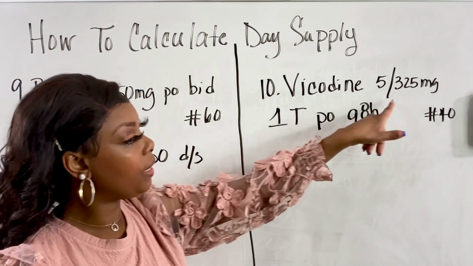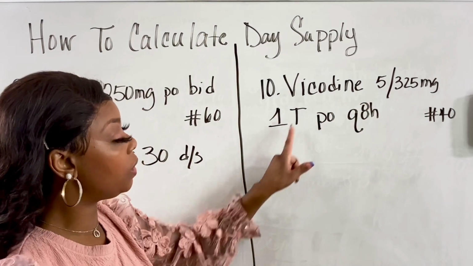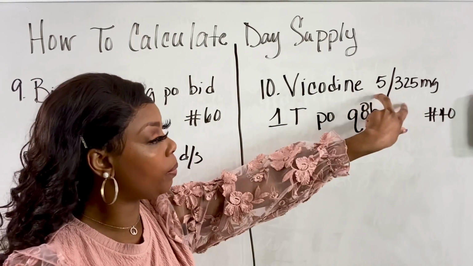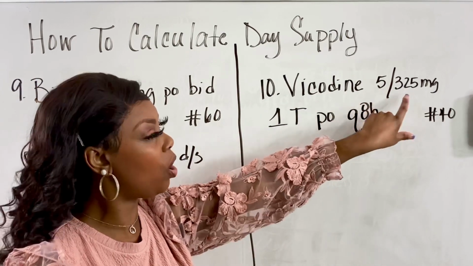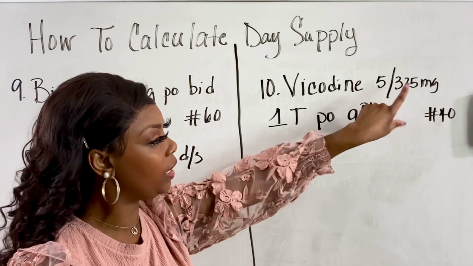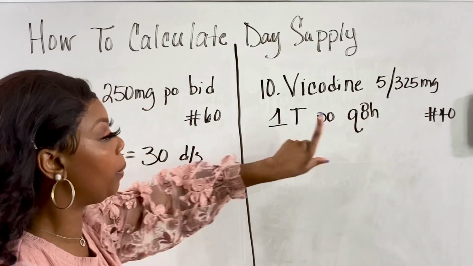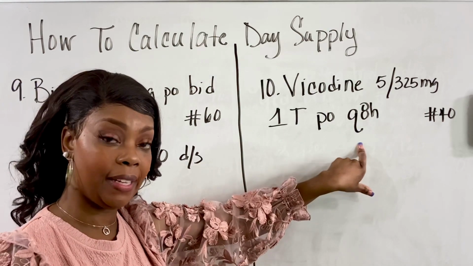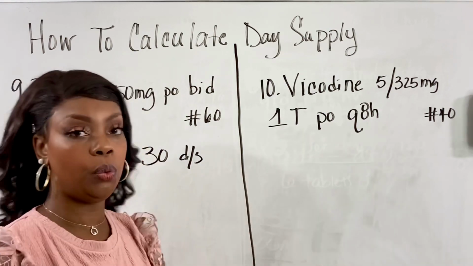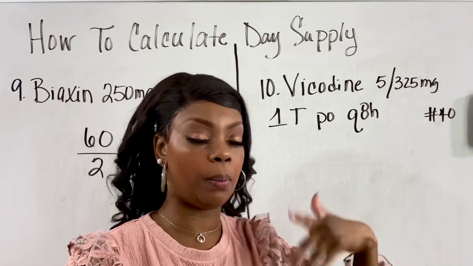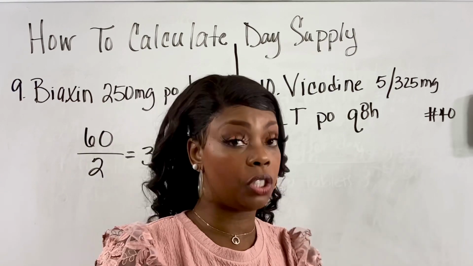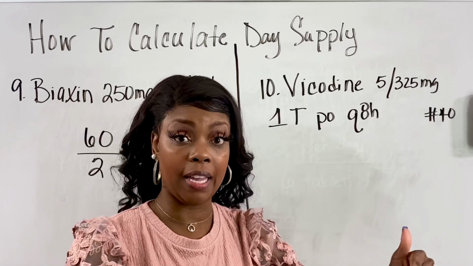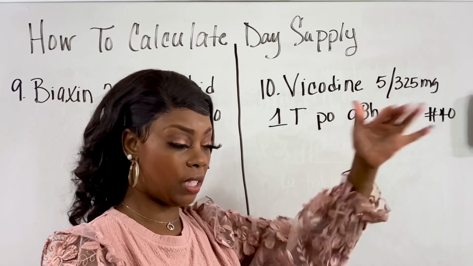We have a Vicodin tablet. Vicodin 5-325. So this is a combo drug, maybe Vicodin and Tylenol. I think that's how it is. I really can't remember. So that's 1 tablet by mouth every 8 hours. What do we do with that every 8 hours? And some of you, this is just simple division for some, not for everyone. So that's 24 divided by 8. 24 hours in a day, divided by 8.